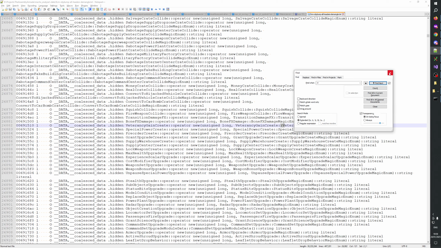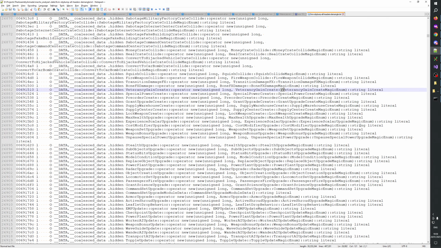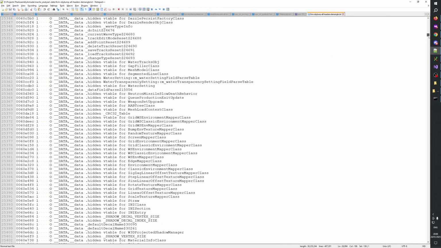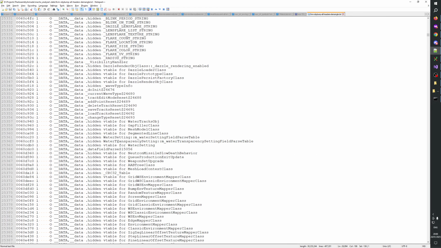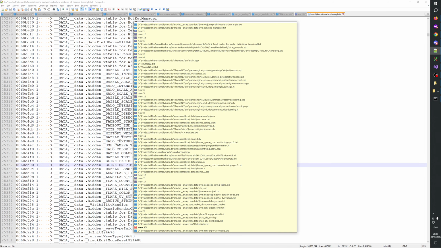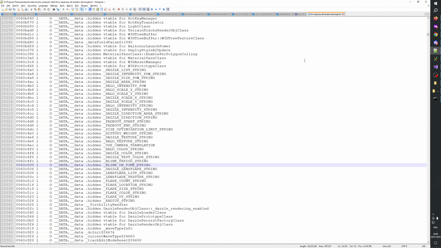I don't know. Let's just look through here. String literal. Coalesce data. Hidden. What is this? Operator new. String literal. Okay. vtable.